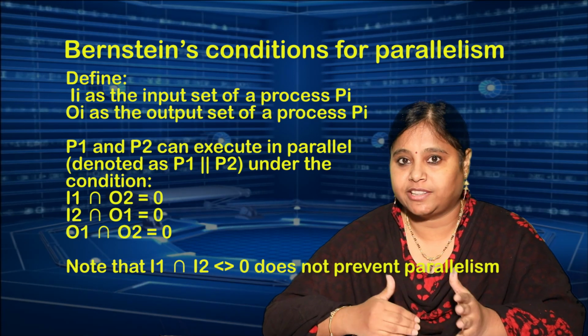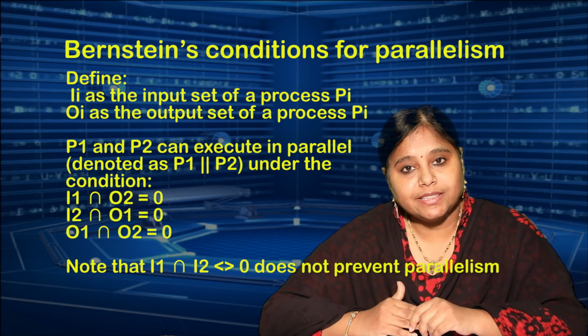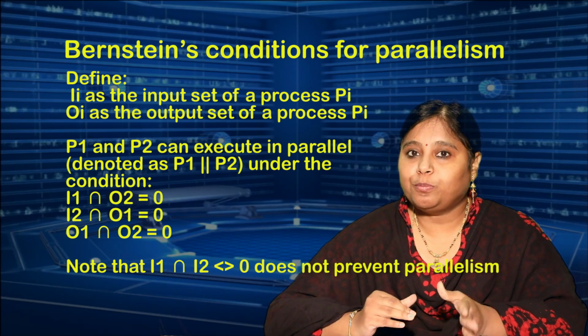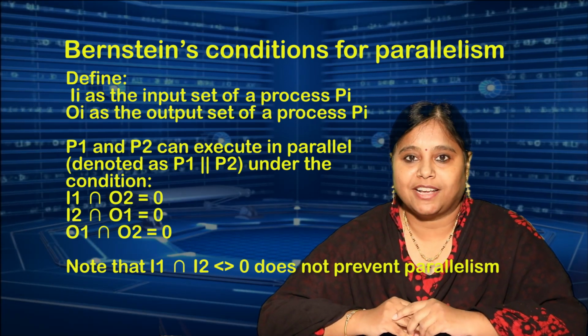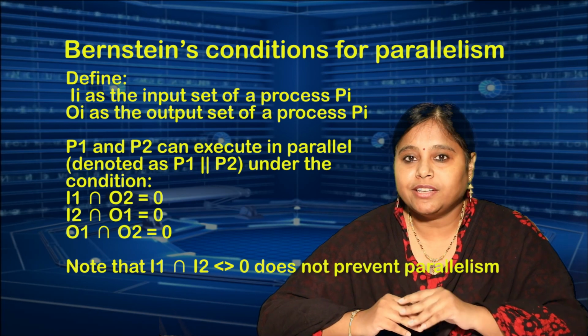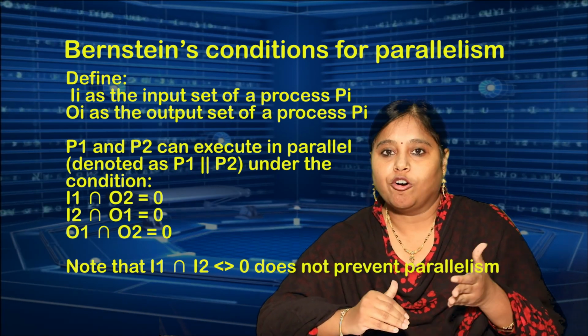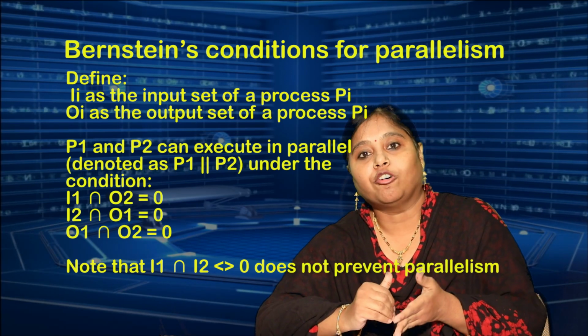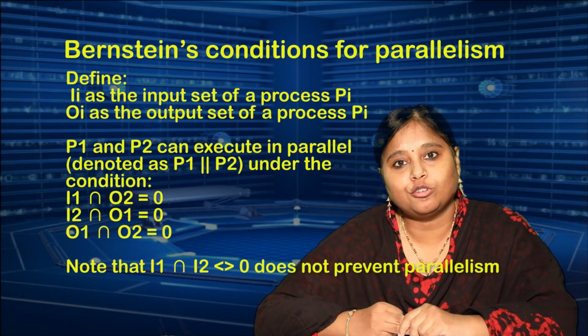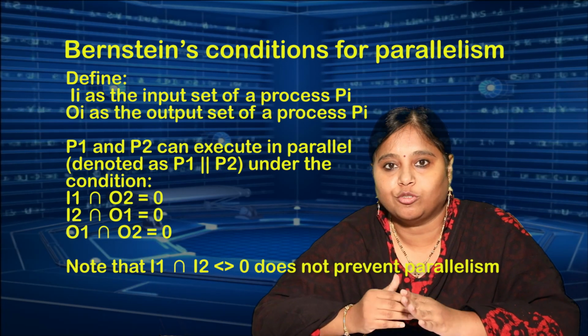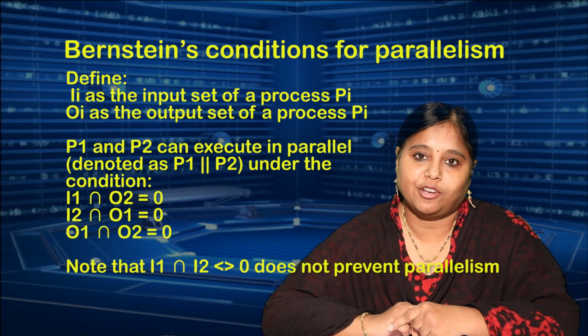This is what we check for parallelism. And the third condition is that outputs also cannot be matched. If you are using two processors, O1 intersect O2 is equal to null.